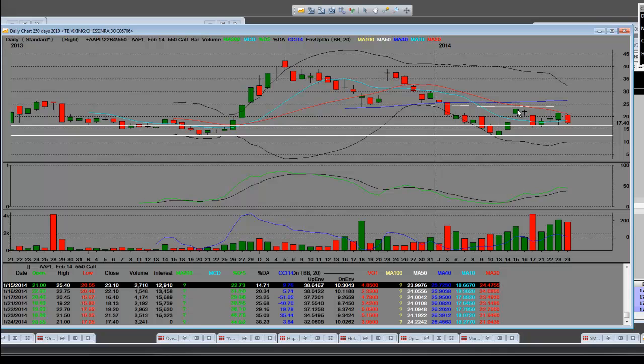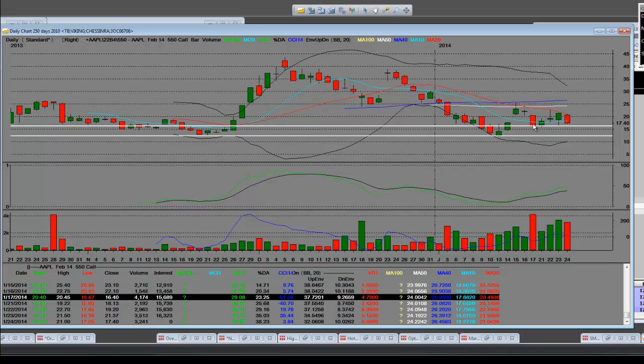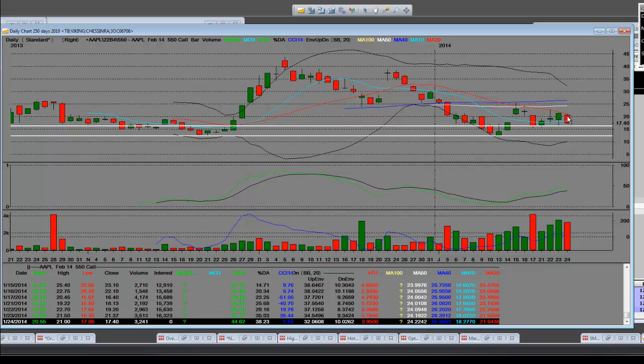That high peak was 25.40. Then we had put in a low of 15.67. However, with Apple selling down this call contract, the close was 17.40 and the high was 21. And we have 7 of these. But we're fairly wholesale to them.